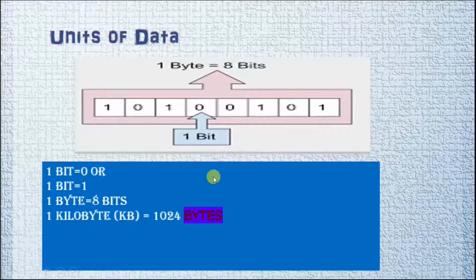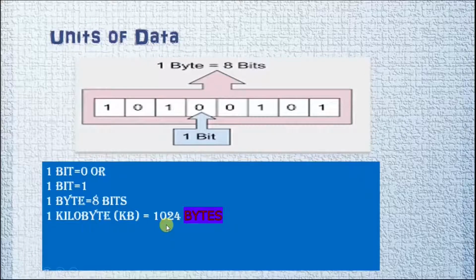Next larger unit of data is 1 kilobyte, which is equal to 1024 bytes, or we can say 1024 bytes are equal to 1 kilobyte, or 1 KB. But wait a minute, why is it 1024 and why not 1000? Because 1000 is 1000 and here we are talking about 1024.